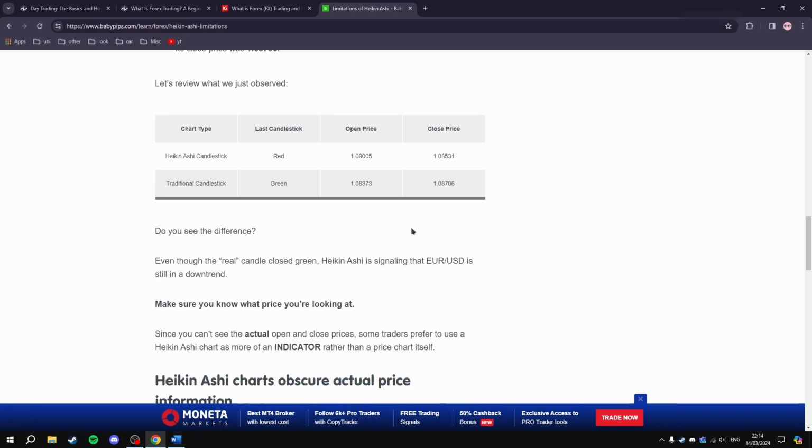Make sure you know what price you're looking at. Since you can't see the actual open and close prices, some traders prefer to use a Heikin ashi chart as more of an indicator rather than the price chart itself.